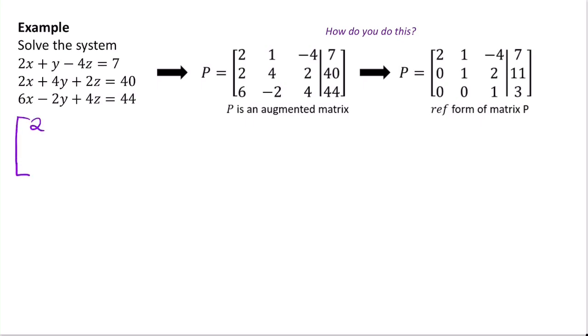There are no specific rules on how to do this, but there are some general things that you'll learn as you do more problems that you'll want to keep in mind to make this whole process a little bit easier. One thing that I like to do is focus on making my 2 zeros in column 1 first, because it's sometimes hard to look at a matrix and figure out where to start.